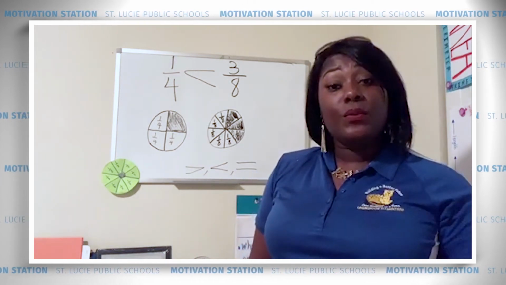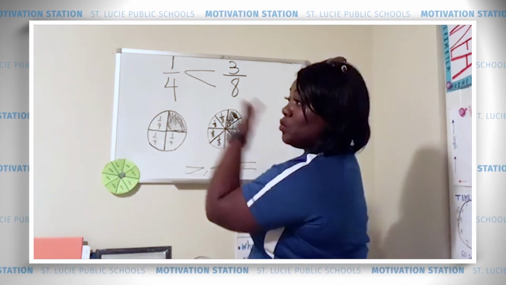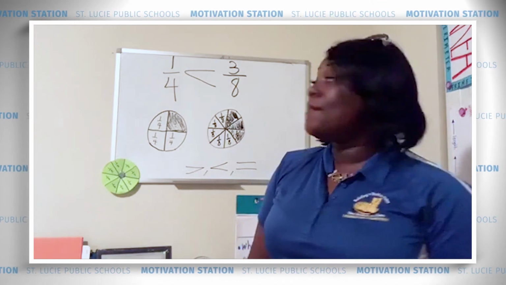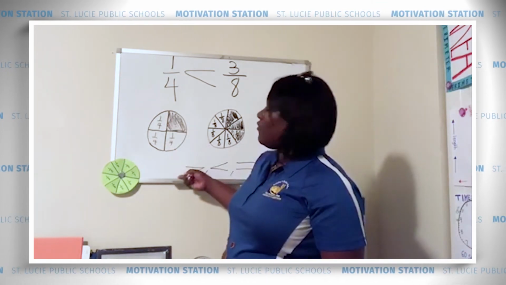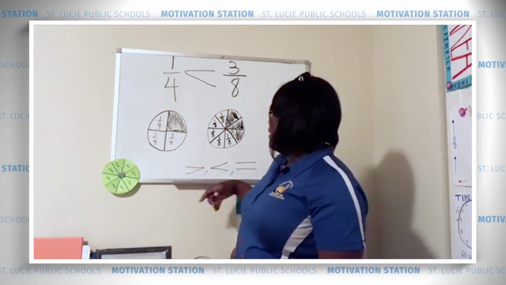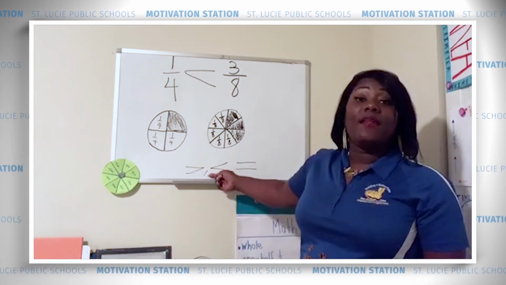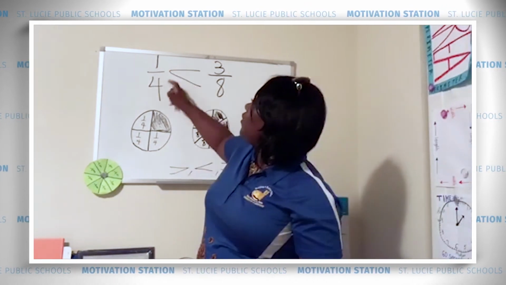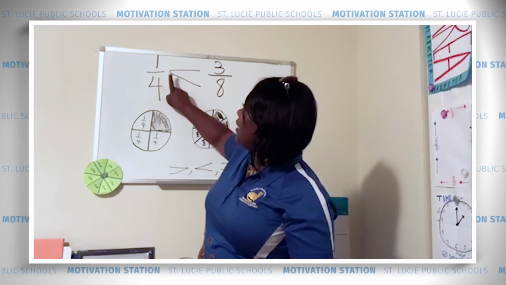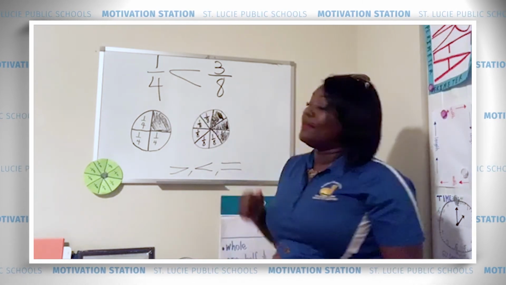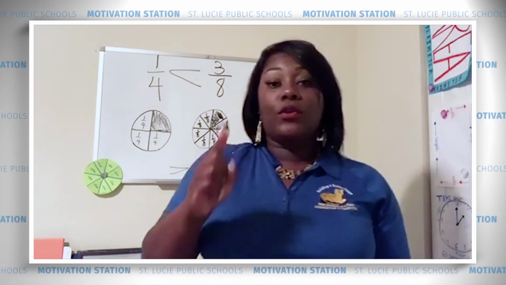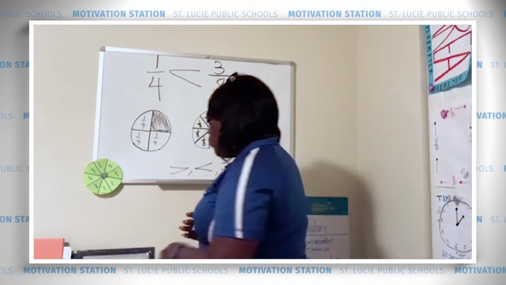So because we read and write from left to right, that's how we read the symbols. If the mouth is open first, then it's greater than. If the back is turned away, then it is less than. 1/4, the back is there, is less than 3/8. Got it? Good. Let's do one more practice here.